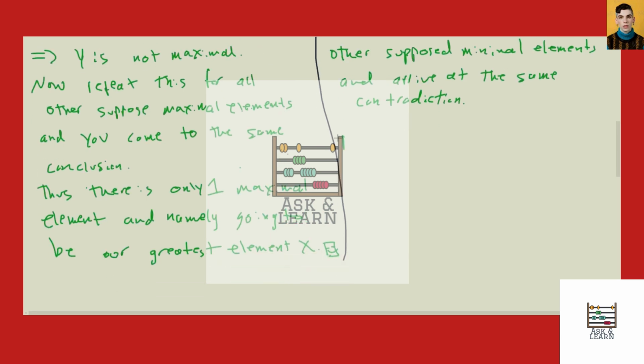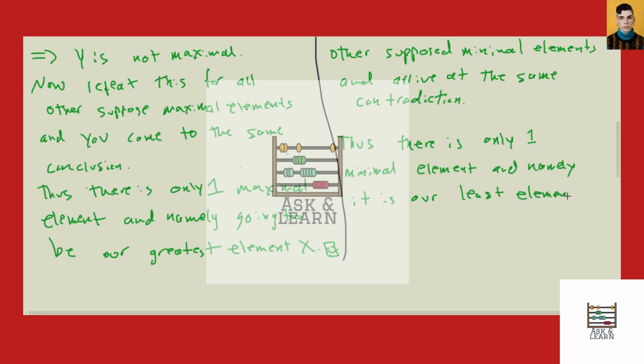And thus, there is only one minimal element, and namely it is our least element, x. And then again, you can put your proof box and a smiley face because you're glad you're done with it.